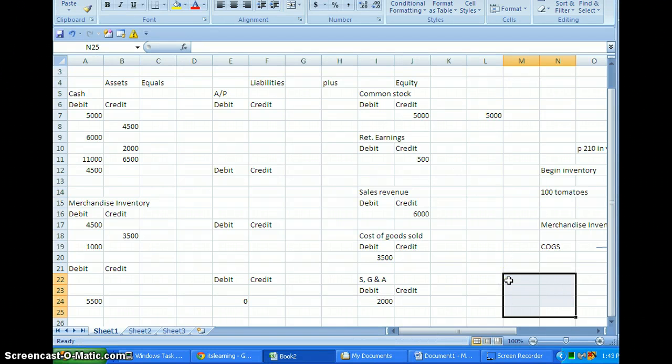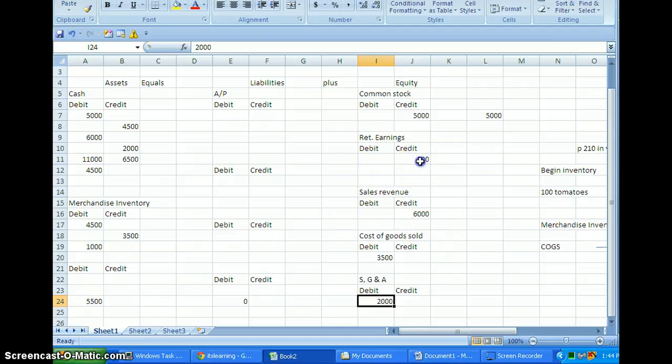So let's look at the right-hand side of the balance sheet now. Equity, common stock, we have $5,000 from this. We know cost of goods sold is $3,500, SG&A is $2,000, and sales revenue is $6,000. And therefore that's the $500.